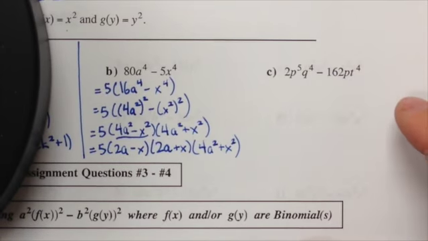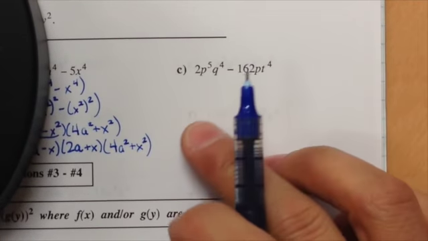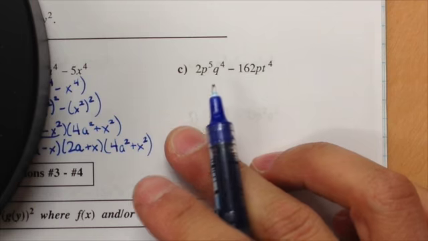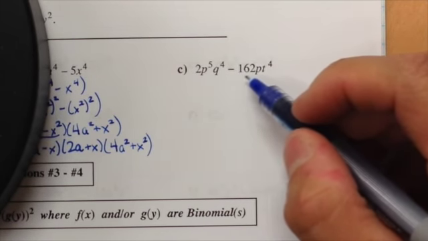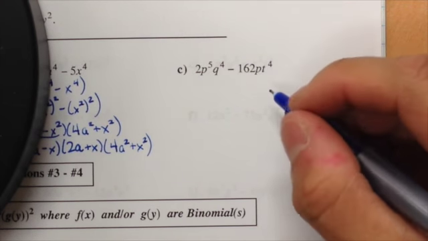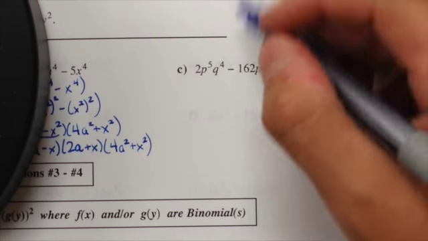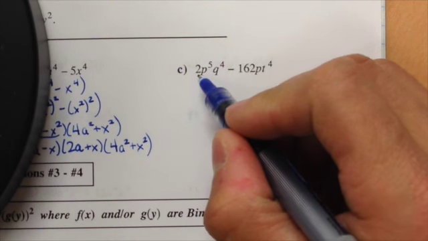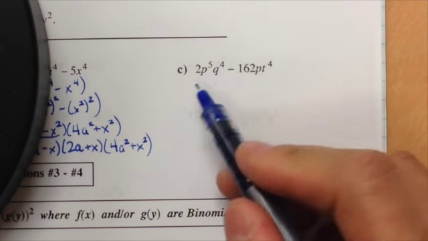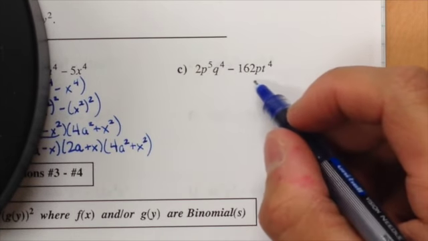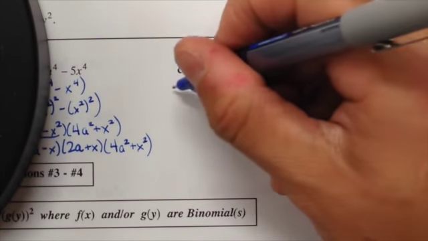Now let's look at this last example: 2p to the 5th times q to the 4th minus 162pt to the 4th. The first thing I'm going to do is get rid of the 2, and actually I can factor out 2p since both terms are divisible by 2p.